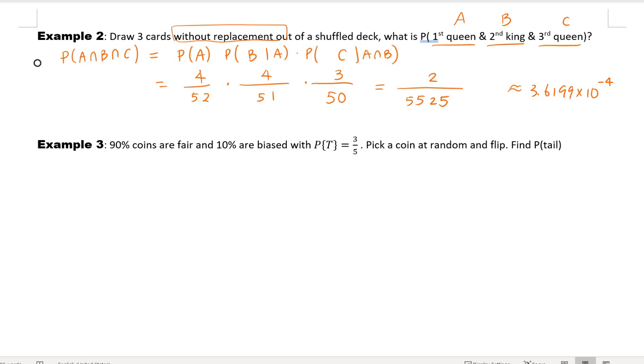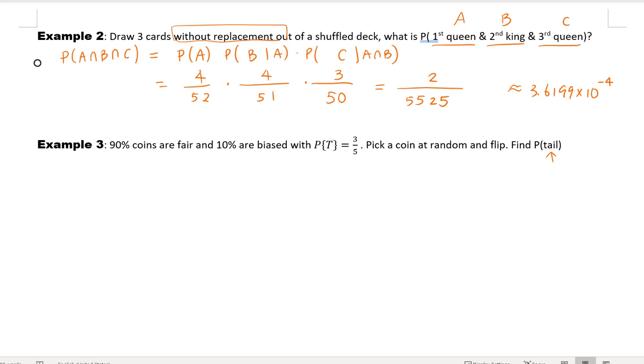90% of coins are fair and 10% are biased, with probability of getting tail 3/5. Pick a coin at random and flip. Find the probability that the result is a tail. What is the outcome? Getting the result of tail really includes 2 things.